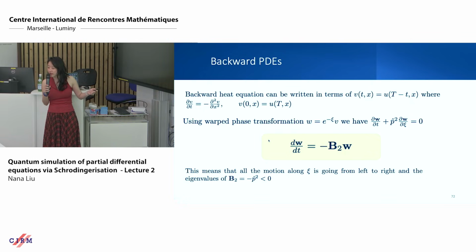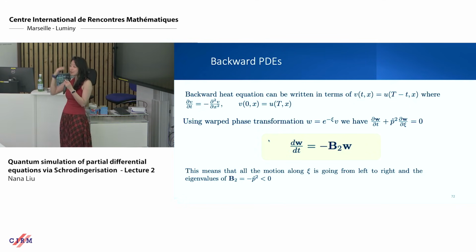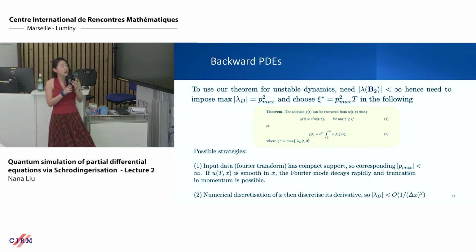Okay, so this is a backward propagating heat equation. So now if you use the warp phase transformation again, you see now instead of a minus p hat squared, we have a plus p hat squared. Okay, so which means that all the motion is going from left to right. So all the eigenvalues are actually negative. So this is like the worst kind of propagating wave.